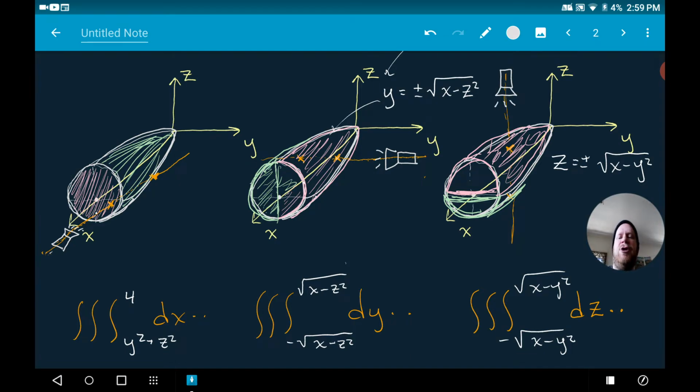And I can think about the shadow that would be cast if I shined a flashlight onto the solid. And for this one, if I shine a light onto here, the shadow that's going to get cast is going to look like a circle.